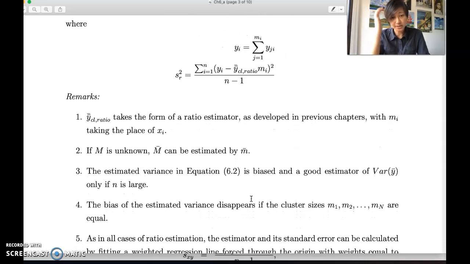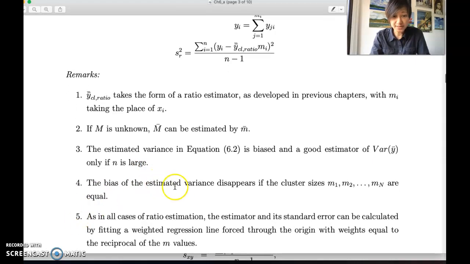Thirdly, the estimated variance in equation 6.2 is biased, just like how we treated it previously in the ratio estimation. So we can say it is still a good estimator if n is large enough. In this case, n is the number of clusters that we are sampling.